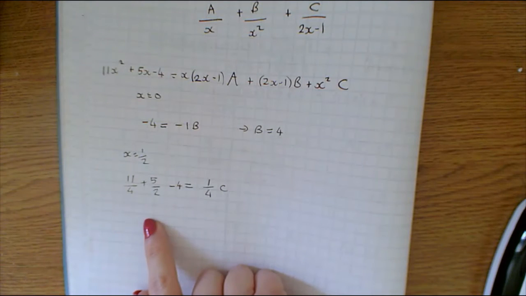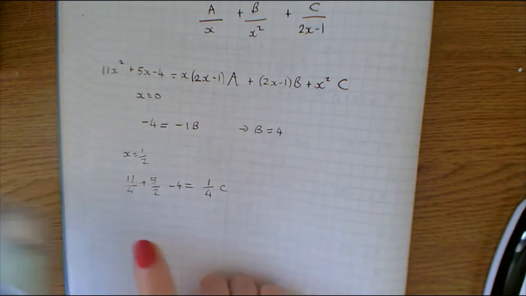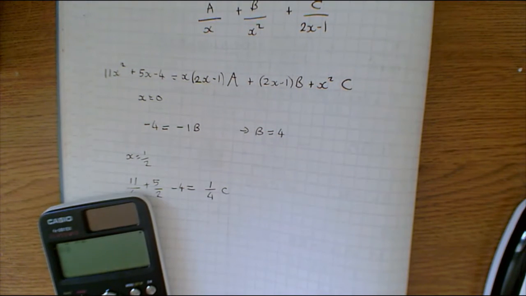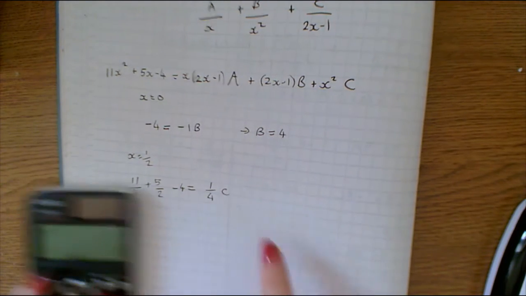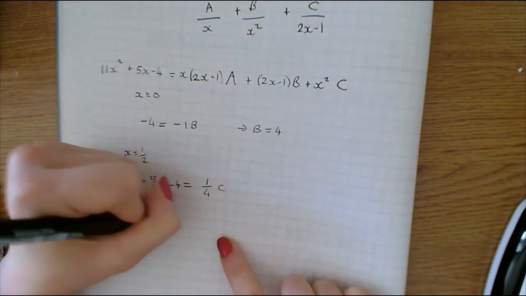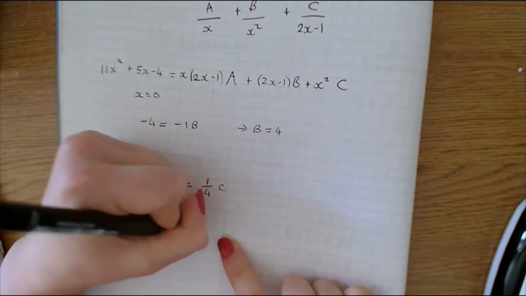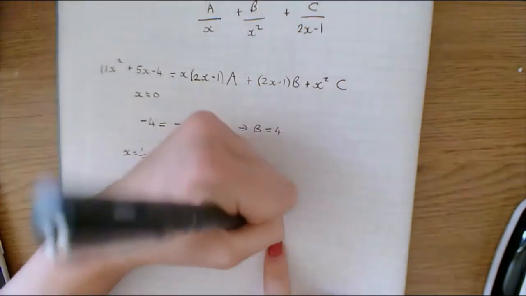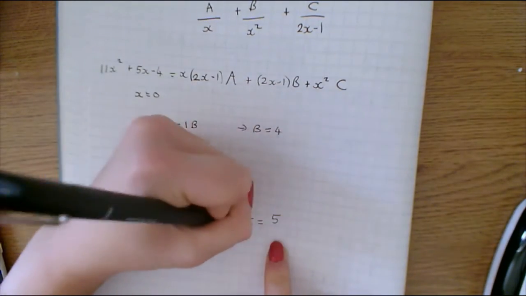So if we have 11 over 4 plus 2.5 minus 4, we get 5 over 4 equals 1/4 of c, and therefore c equals 5.